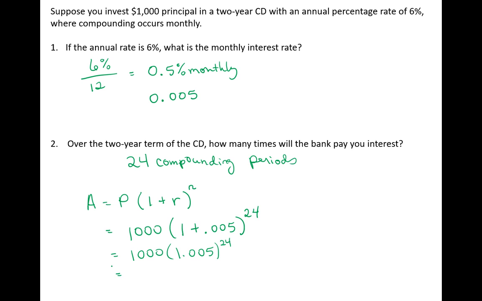So let's see what that gives us. Remember, the original simple interest was just going to pay $20 a year. It would have been $40. This is going to be a little bit more. A lot more. This came out to be $1,127.16.